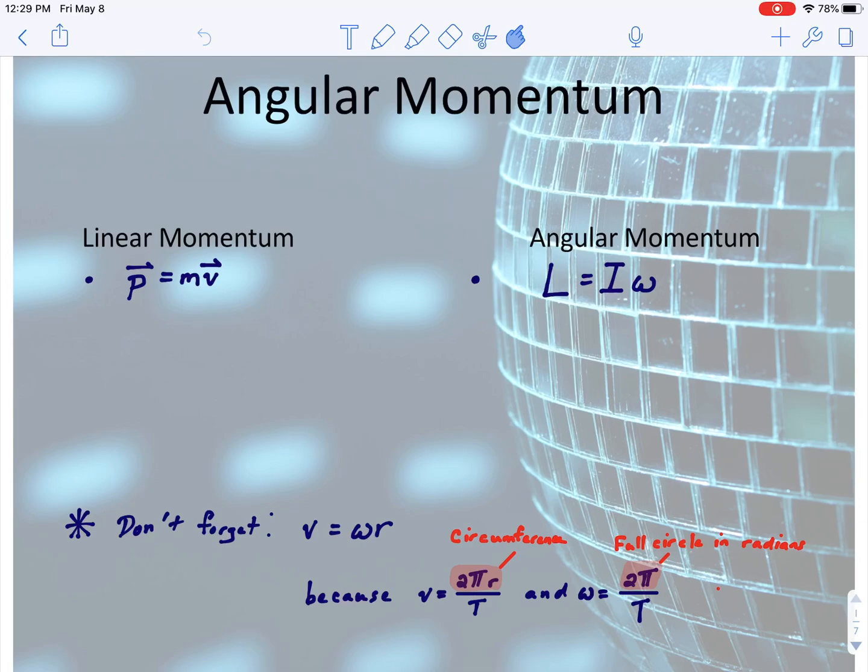And instead of multiplying by linear velocity, we are going to multiply by omega, the angular velocity of the object, giving us the formula L equals I times omega.